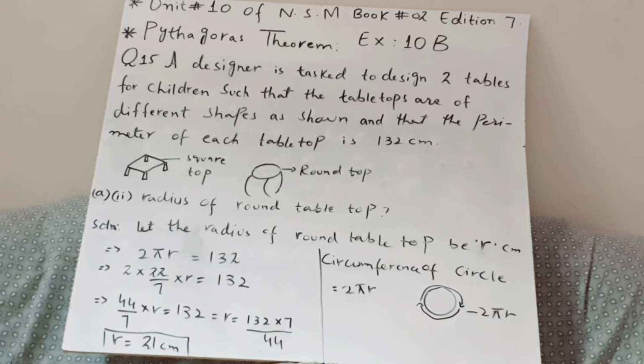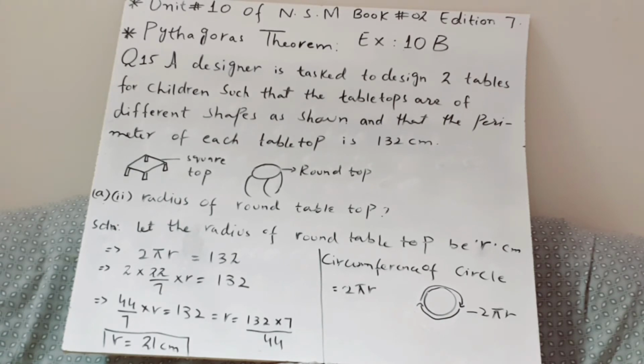We are given that the perimeter of the round tabletop is 132. So to find the radius, we take 2 pi r equals 132. Why are we taking this as equal? Because the perimeter is the length of the outline of the shape, and 2 pi r is also the outline of the circle.